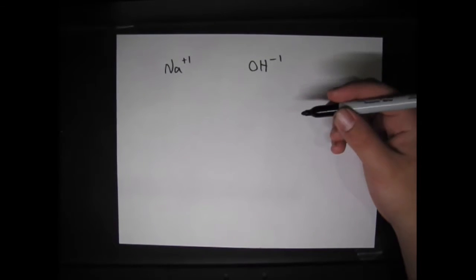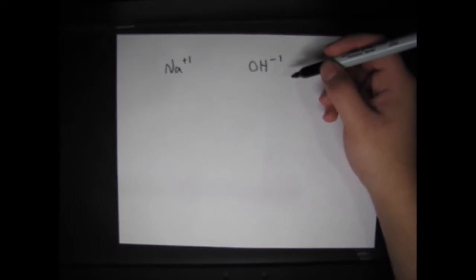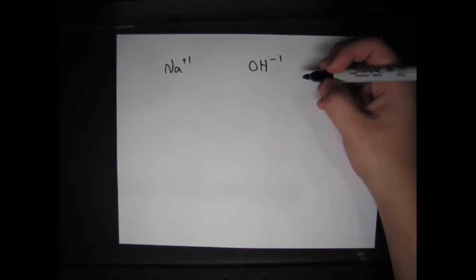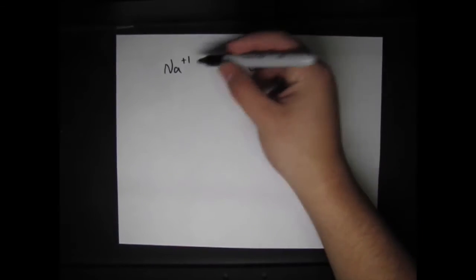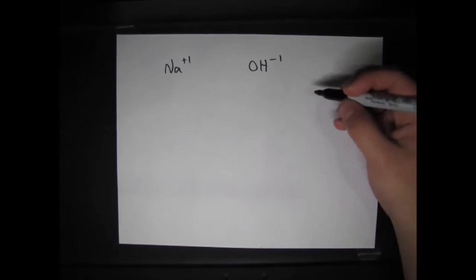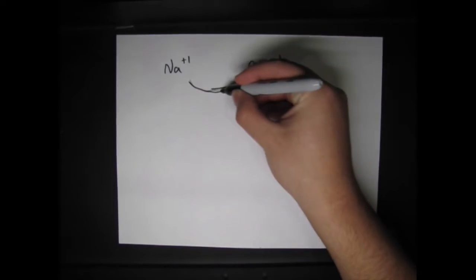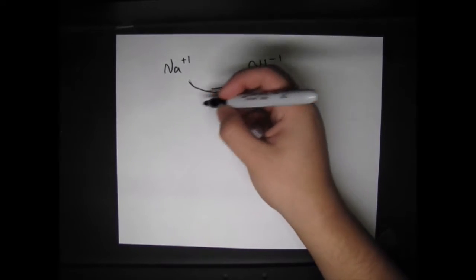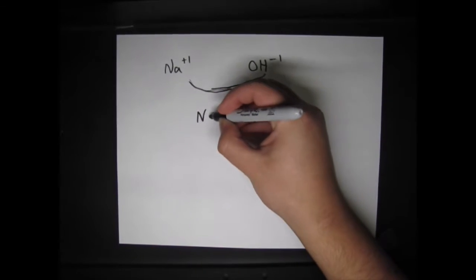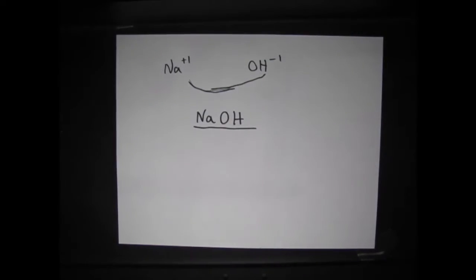In this example, the hydroxide is going to be our polyatomic ion, and since these have charges of +1 and -1, we're just going to crisscross them and keep their charges since they're only +1 and -1. So in the end we would have NaOH to give us sodium hydroxide.